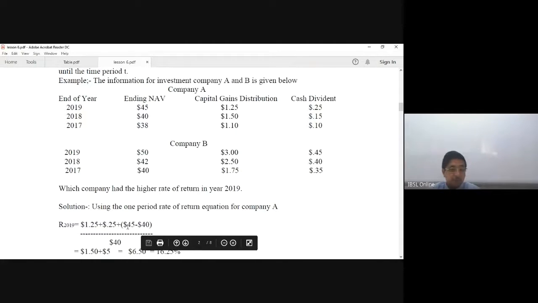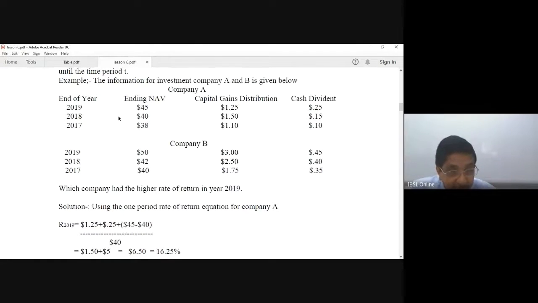Then you have to add the net asset value change. Now you can just see in company A, at the end of 2018, the net asset value was $40. And at the end of 2019, the net asset value was $45.